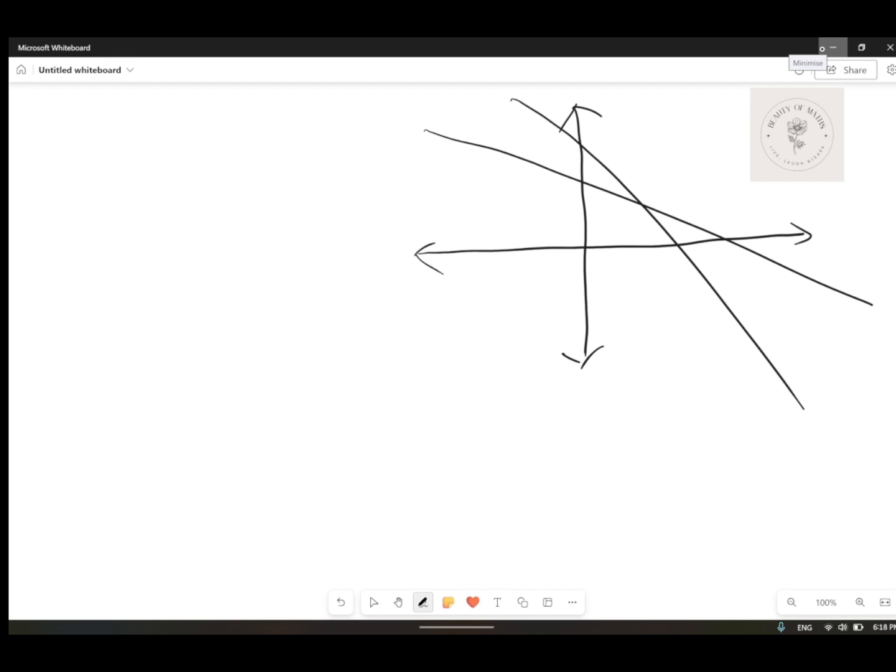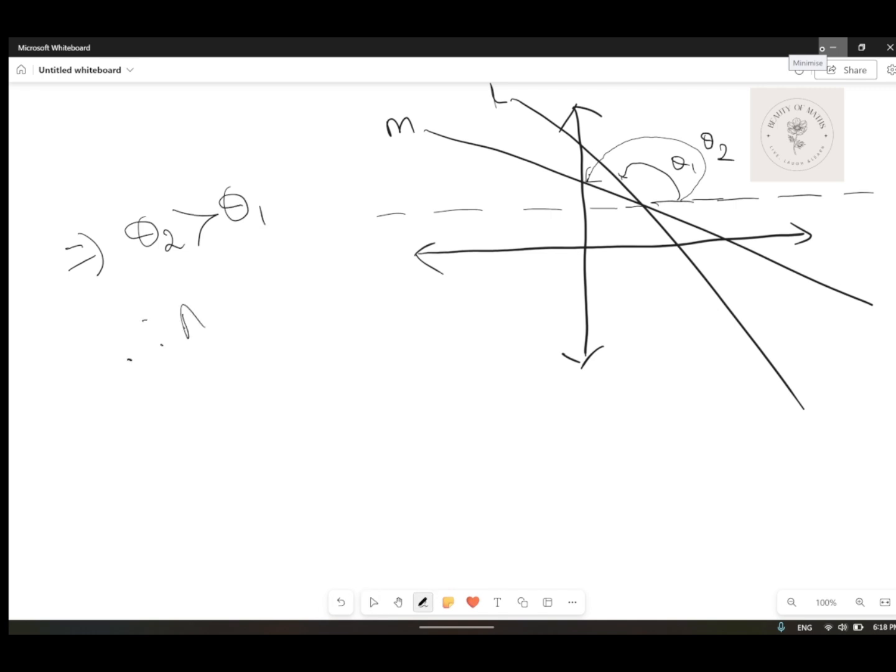If you're confused about taking the angle from here, you can draw an imaginary x-axis here and go from there. This is theta, and from the same place you reach here. Now you have to go further to reach line L and line M. So here is theta 1. You can directly see theta 2 is greater than theta 1.